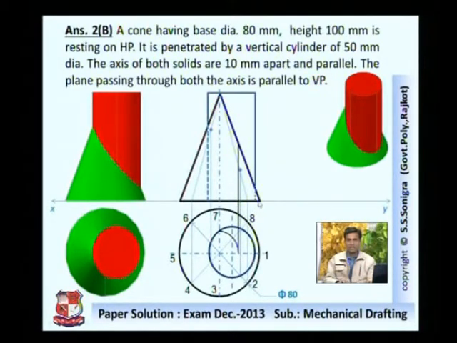This straight vertical line will cut the true length of its imaginary generators at this point, or the true length of the slant edge of the cone at this point. From that point, draw a straight horizontal line like this, and that will cut O dash 7 dash at one point somewhere here. So that is the point of intersection in this case.